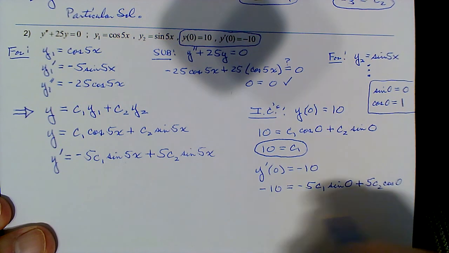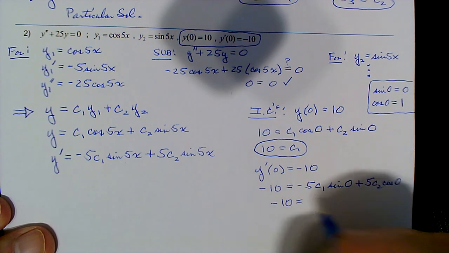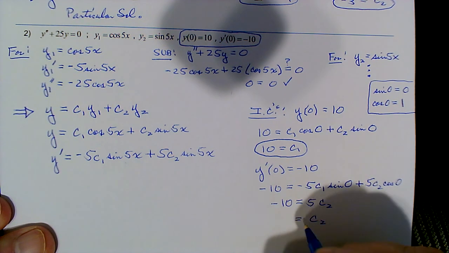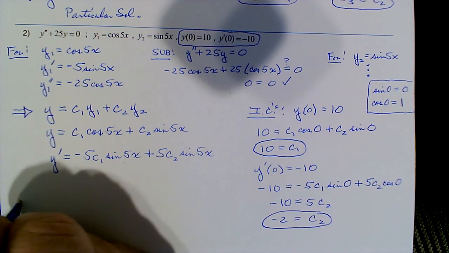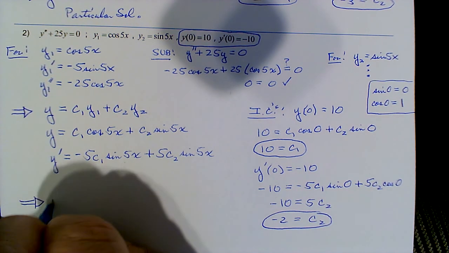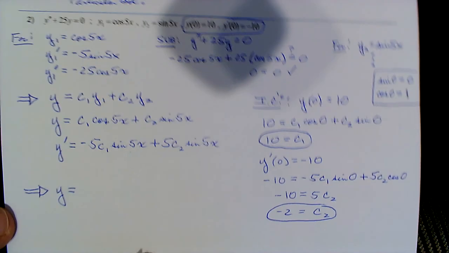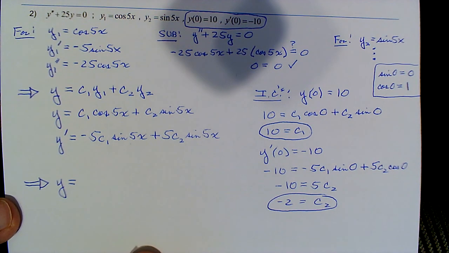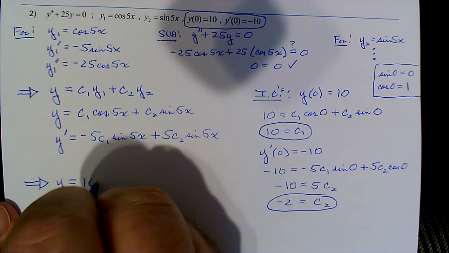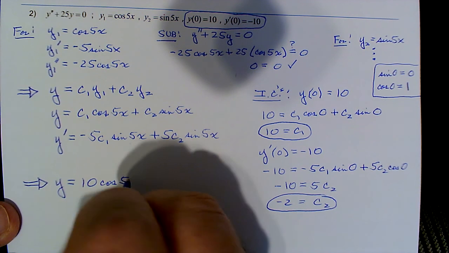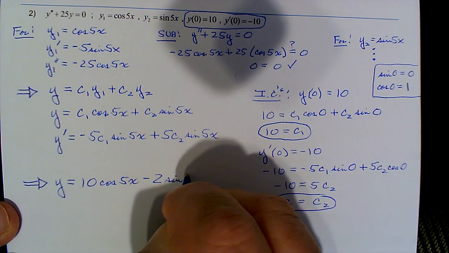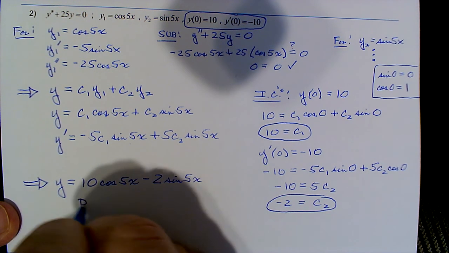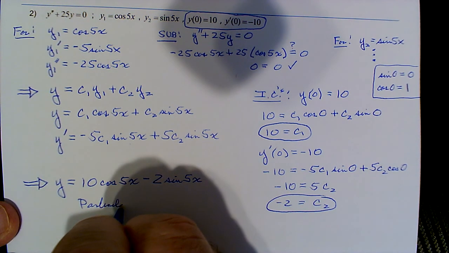So here we get that negative 10 equals 5 C2, and C2 is negative 2. Okay, so then our particular solution, now that we found the constants, is that y is equal to C1, which was 10, cosine of 5x plus C2, which is negative 2, times the sine of 5x. And that's, once again, our particular solution.